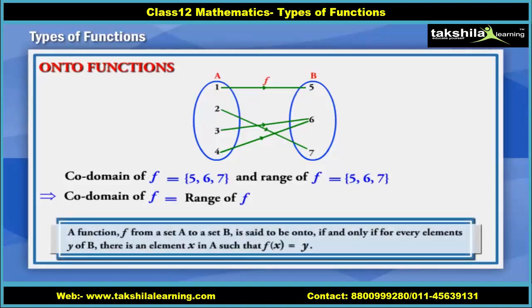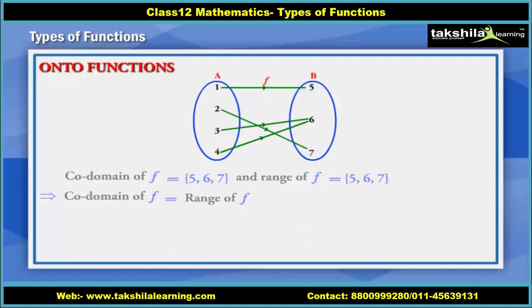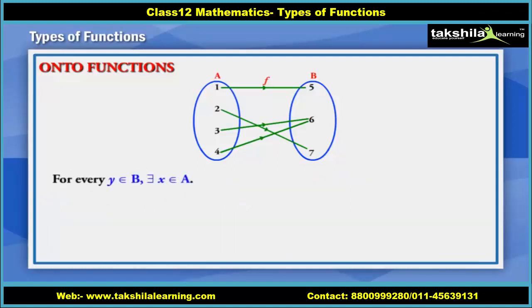Mathematically, a function f from a set A to a set B is said to be onto if and only if for every element y of B, there is an element x in A such that f of x is equal to y. This implies for every y in the codomain, there exists at least one x in the domain.